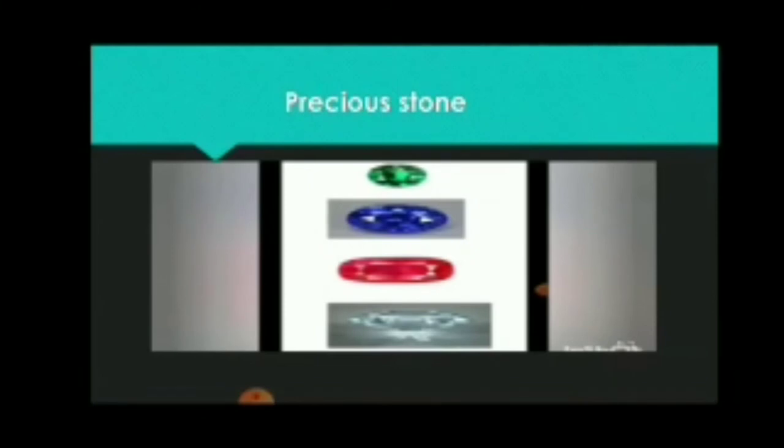Its beautiful green color combined with durability and rarity make it one of the most expensive gemstones. So the green one is emerald, then sapphire in blue, ruby in red, and diamond, which is transparent.